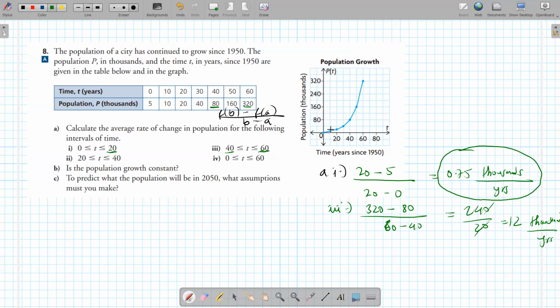You use data points, you make a model, and then you make a prediction. Eventually we'll know if we were right or not, but this is what the trend appears to be. This is called an exponential growth model. The population is growing exponentially.